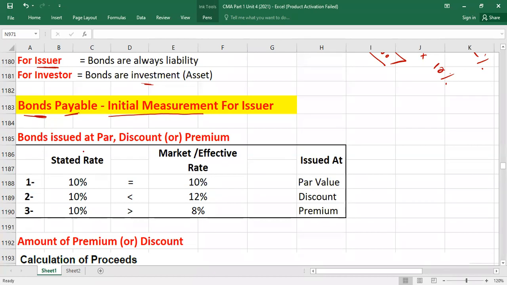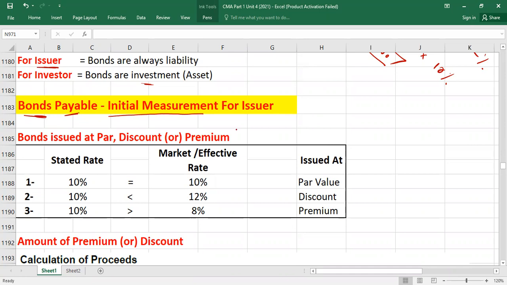So the very first decision from the issuer point of view is should we issue the bonds at par value? Par value means at face value. Or should we issue the bonds at premium? Premium means you are going to issue the bonds above the face value.